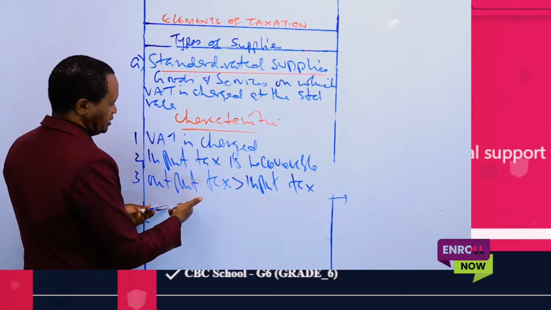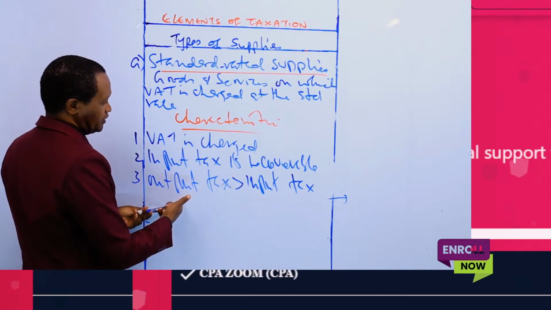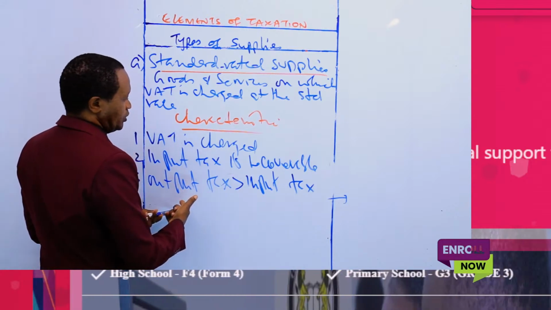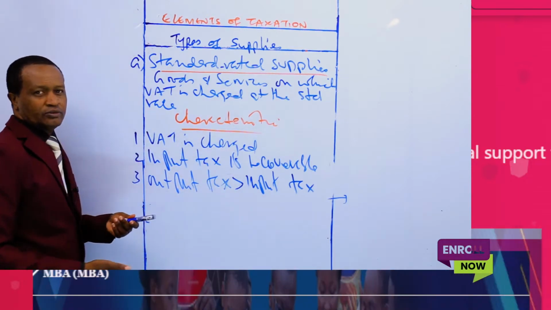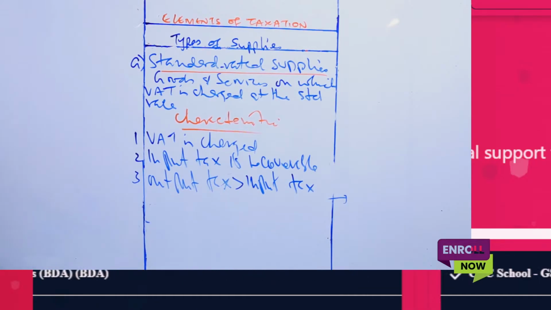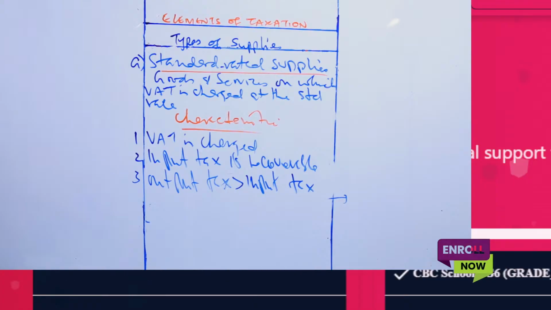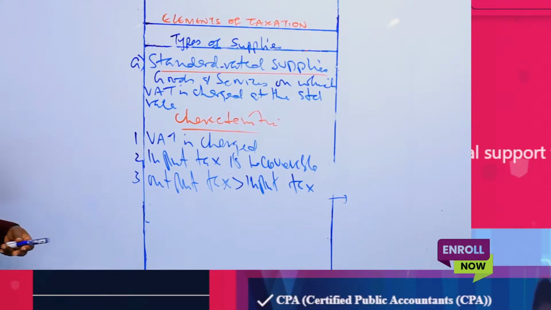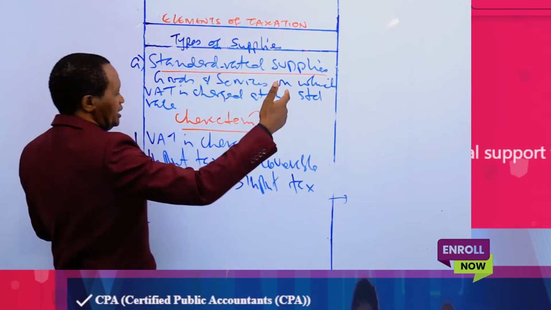The VAT paid when buying the paper by Manifested Publishers, when you compare it with the output tax, we are saying that the output tax will be greater than their input tax, which is the VAT paid, resulting in a net payment to KRA.